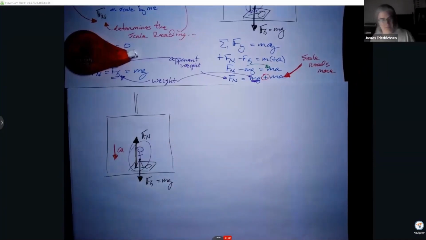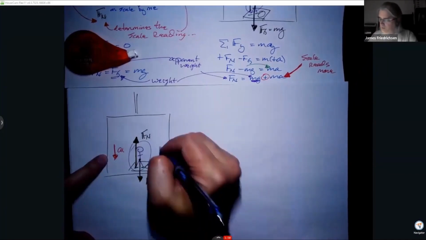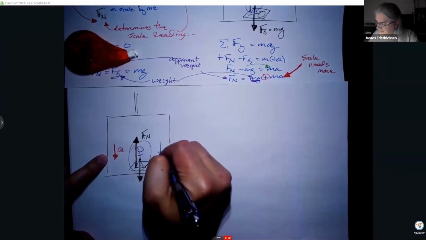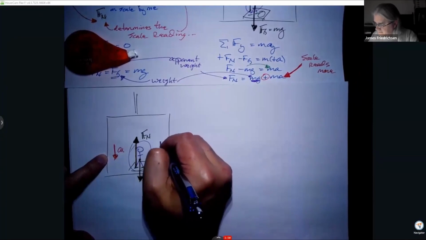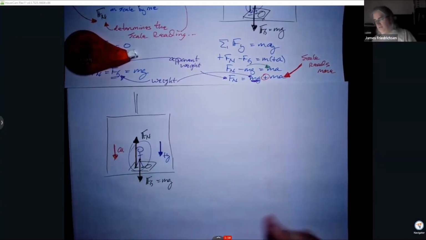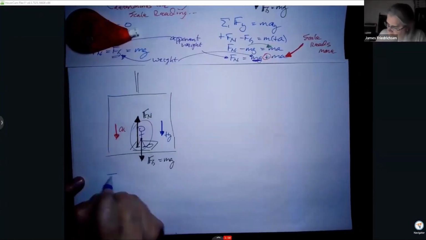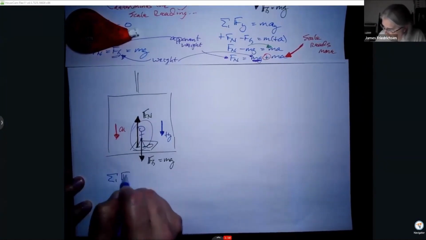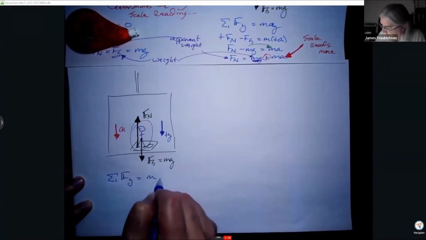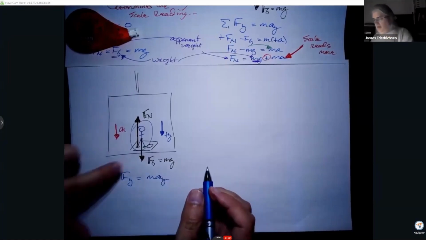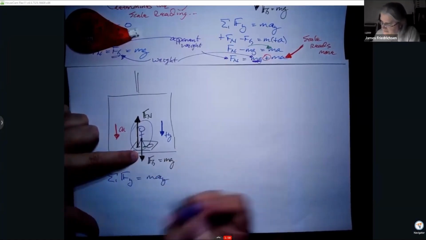So then I'll pick out my coordinate system. I'm going to pick my coordinate system to align with the accelerations like we talked about last time. And since the acceleration is down, I'm going to make down positive. Then we'll write down Newton's second law in this y direction. I would lead with gravity because it's down and down is positive.